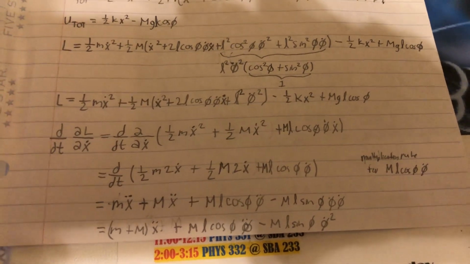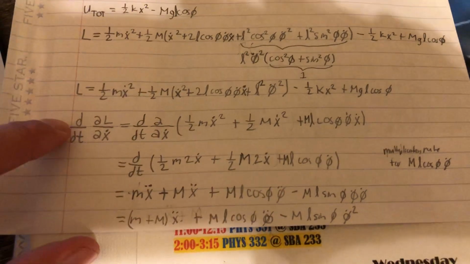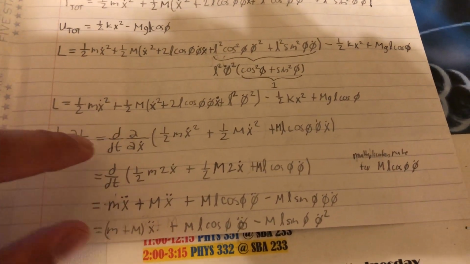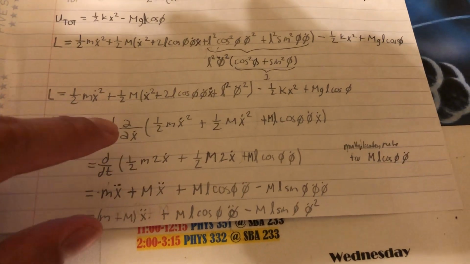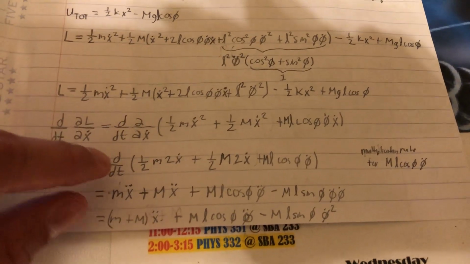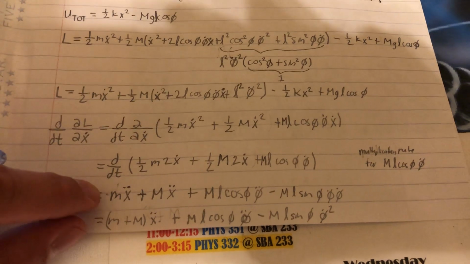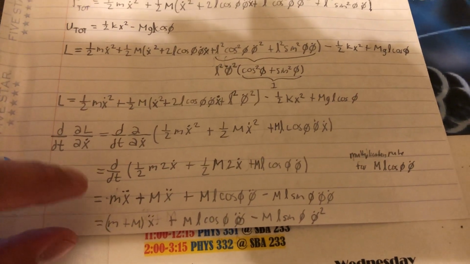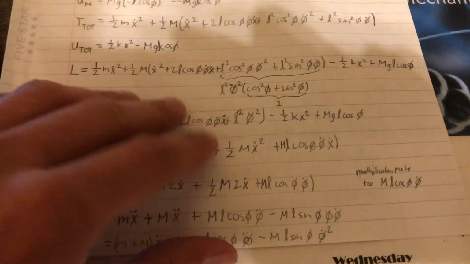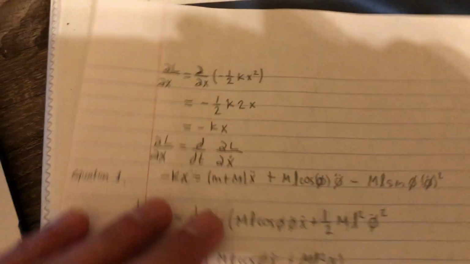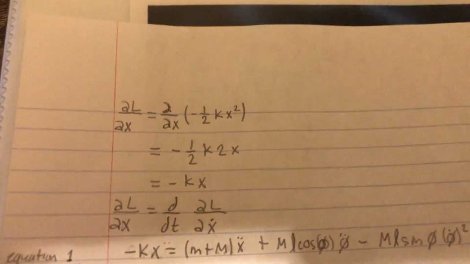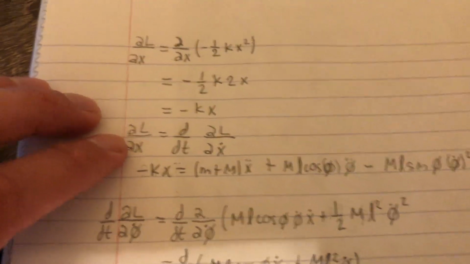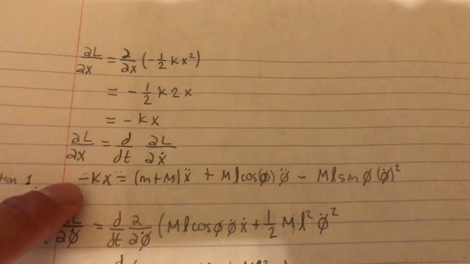So I rewrote the Lagrangian, and then I need to take the time derivative of the partial of L with respect to x dot, and I did that in this step. Then I need to get the partial derivative of L with respect to x, and set them equal to each other to get the equation of motion.